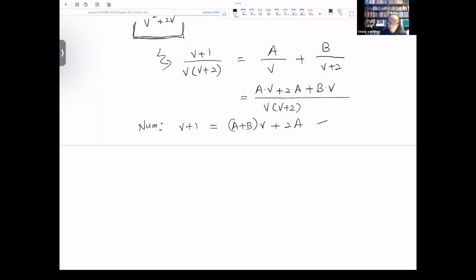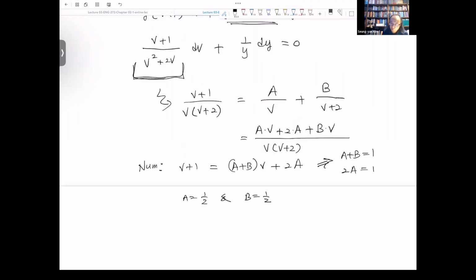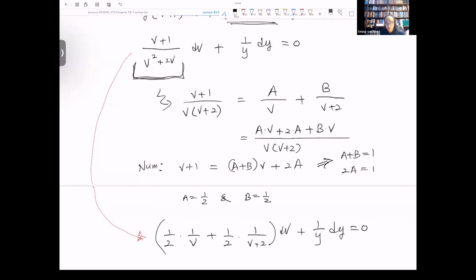Now we know a plus b has to be 1 and 2a has to be 1. Therefore, a equals 1 over 2 and b equals 1 over 2. So now the equation is 1 over 2 times 1 over v, plus 1 over 2 times 1 over (v plus 2), the whole thing dv, plus 1 over y dy equals 0.